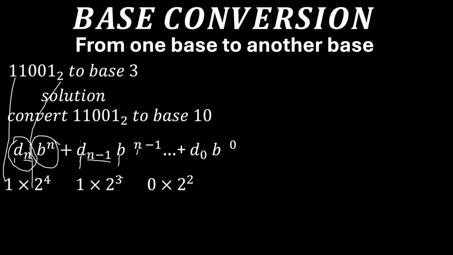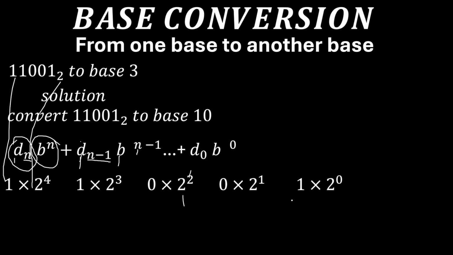Then let us go to the next digit. The next digit is 0. Can you now see that the next digit is not the same as the previous digit? Then we multiply it by the base, then by the power, which is the position. Then the next digit is another 0. We multiply by the base and by the position. What is the next one?